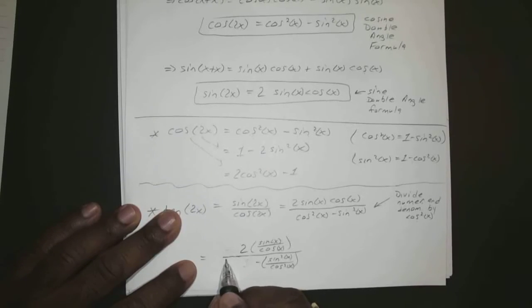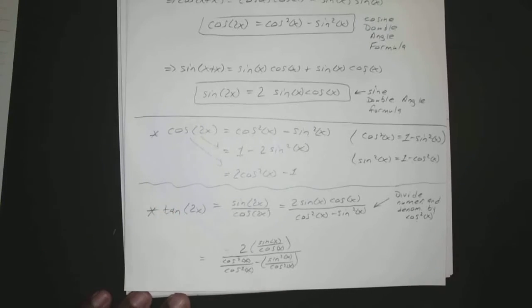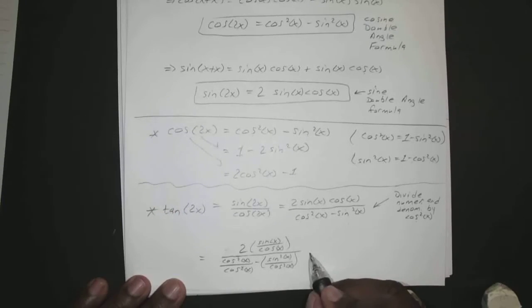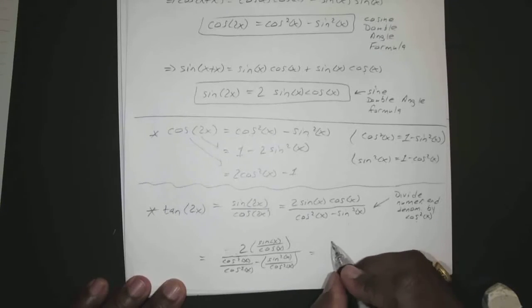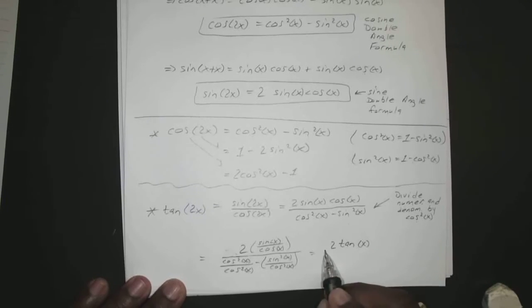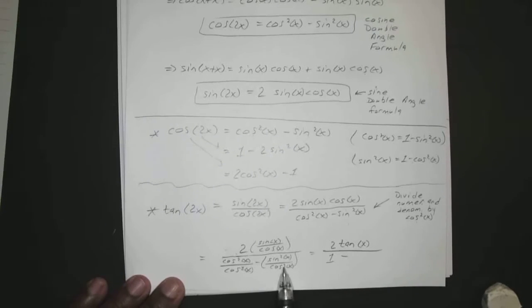Okay. Cosine squared of x over cosine squared of x. Okay, so here we have 2 times sine over cosine, which is tangent. So you have 2 times tangent of x divided by 1 minus sine squared over cosine squared, which is tangent squared.